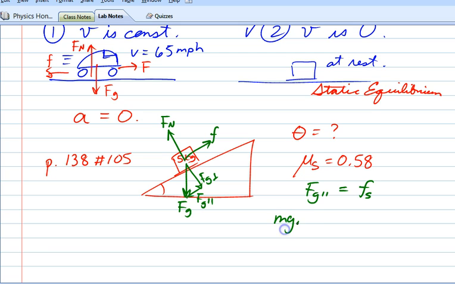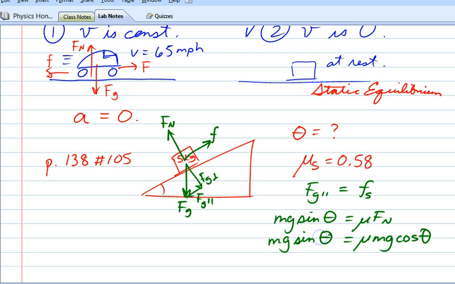So mg sine theta is equal to mu F normal, and we've already said a few times that on inclined planes that's often, but not always, equal to mg cosine of theta. Sorry, I got a bit ahead of myself. We don't know the angle. So this is theta and this is theta.